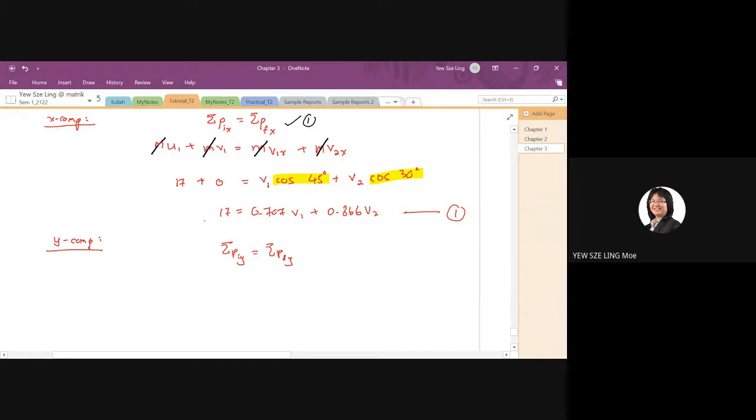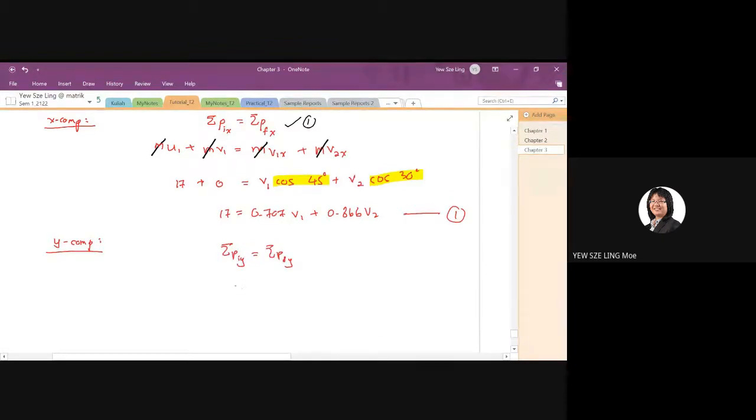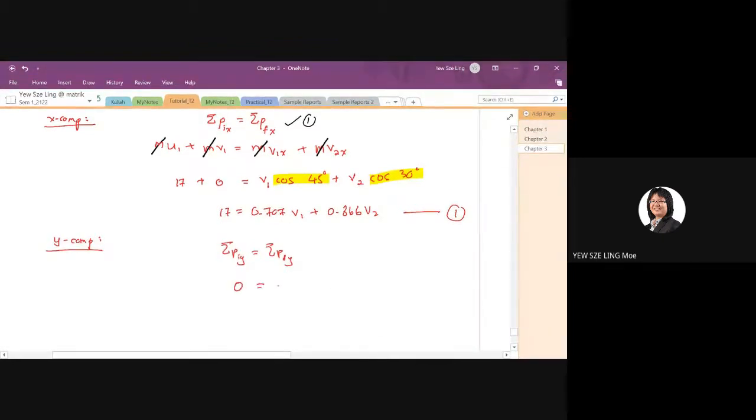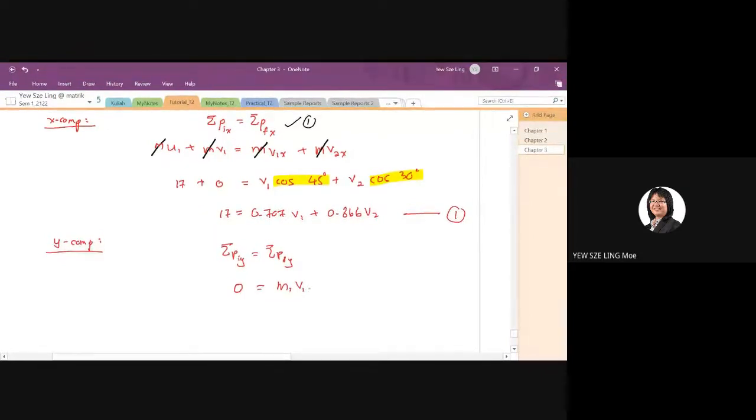So in that case, the equation will become m1 v1x plus m2 v2x. So you might need to resolve it before the collision. It could happen. But for these two examples, the initial y is equal to 0. Right? So it is equal to m1 v1y plus m2 v2y.